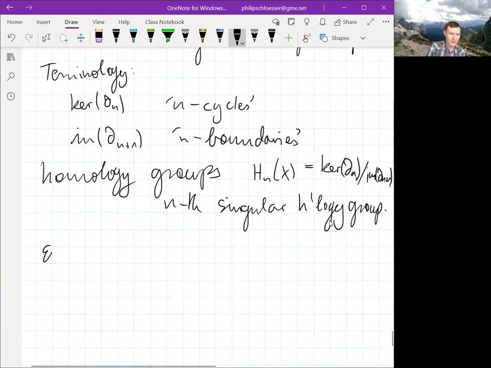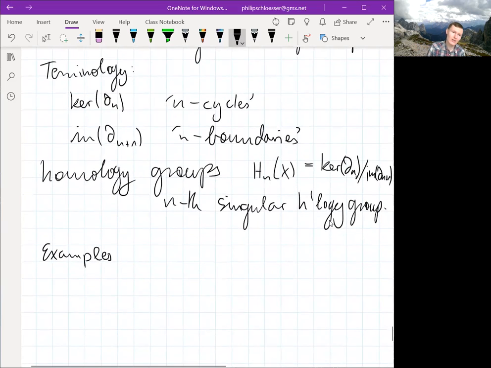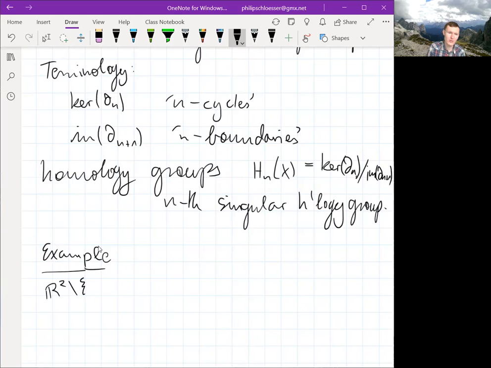One simple example to illustrate this would be R2 without 0, namely we just exclude this one point.